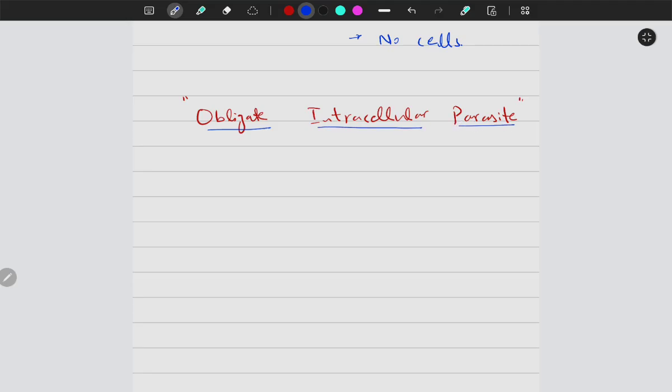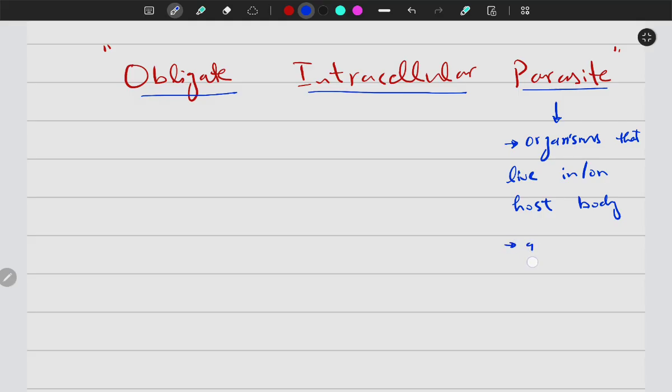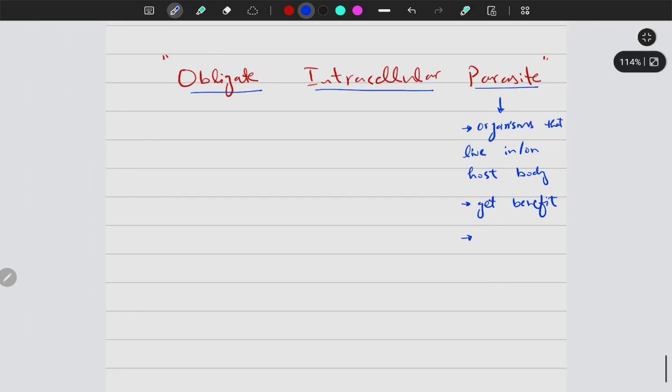So parasite, you know the definition of parasite? These are the organisms that live in or maybe on the host body, get benefit from them, maybe food, maybe biosynthetic machinery, help with replication, and in return harm them.